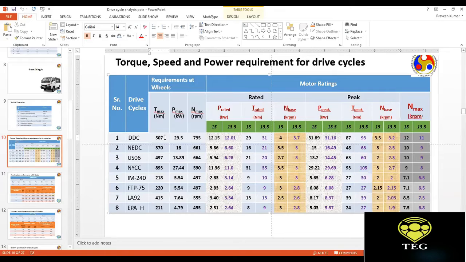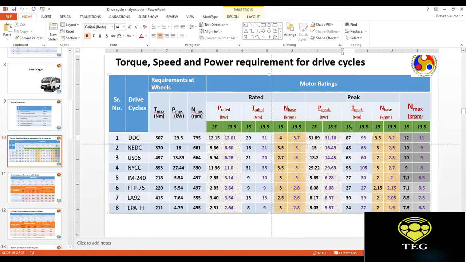So in case we take a gear ratio of 1 is to 15, then the peak torque that the electric motor has to produce is 87 Newton meter. So 507 Newton meter peak torque at the wheel becomes 87 Newton meter at the motor shaft if we use a gear ratio of 1 is to 15.